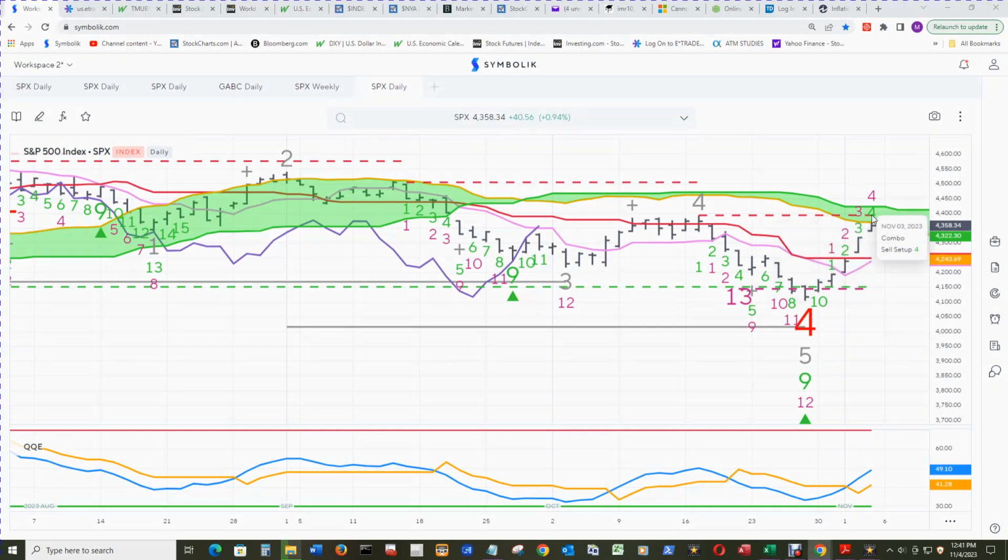And the daily chart is on combo sell count 4. And to negate that for end of day on Monday the 6th, there must be a close below 4193.80 for the price flip to the buy setup count 1.